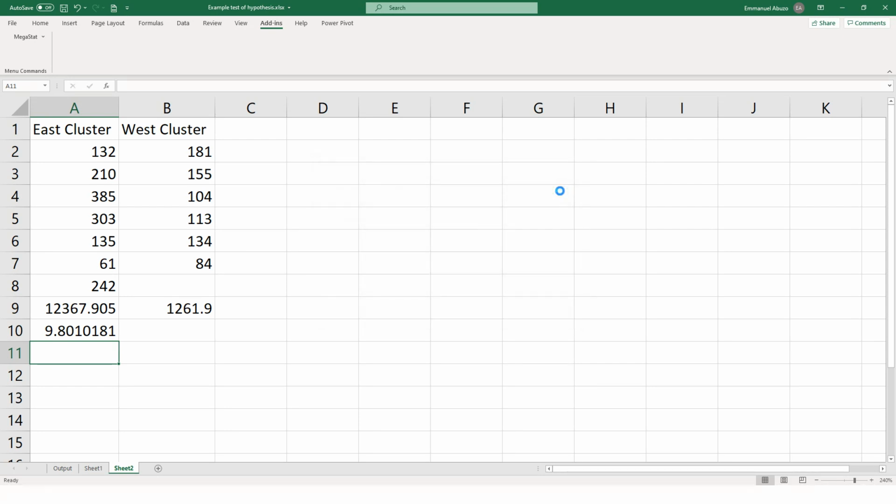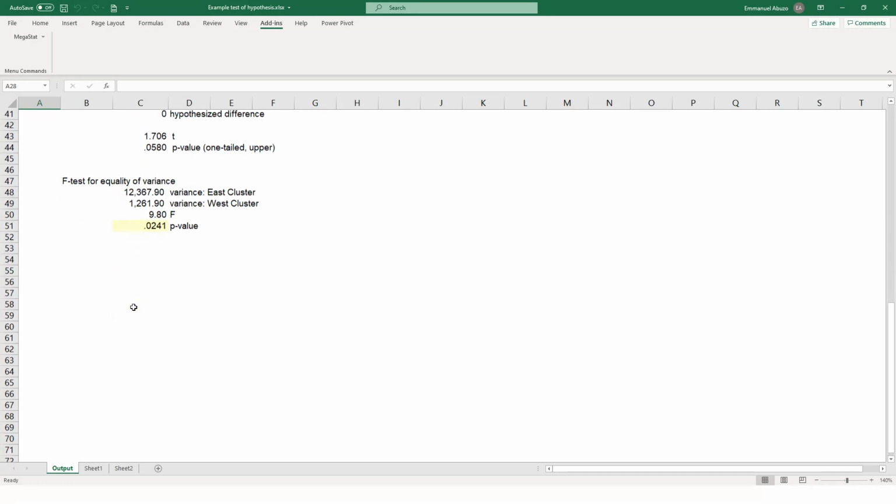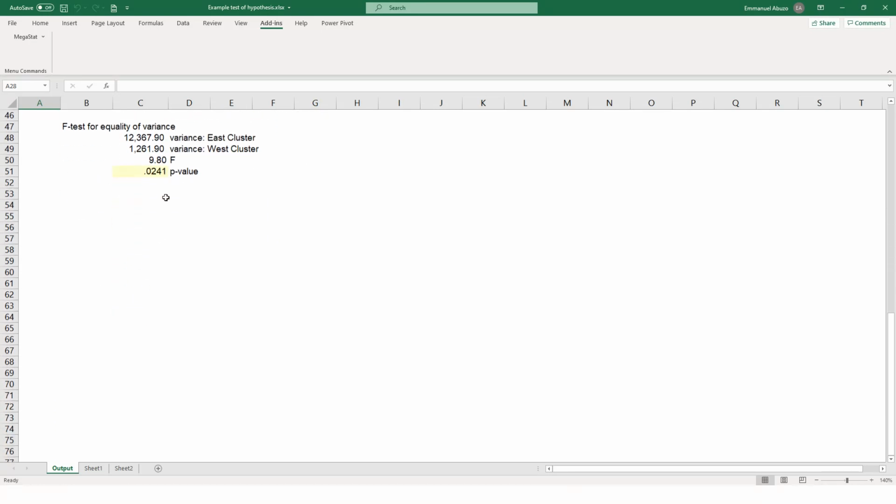Okay. Let's wait. So here we are going to focus only on this portion, the F test. Since the F test of equality of variance is, we have here the results. The variance of the East cluster is 12,367.90, let's just round off. And then the West cluster is 1,261.90. And then the F value is 9.8, which is also the same as what we have computed in our manual computation.